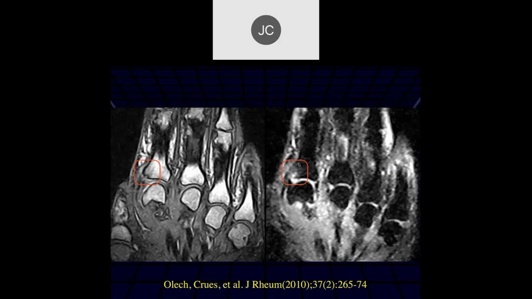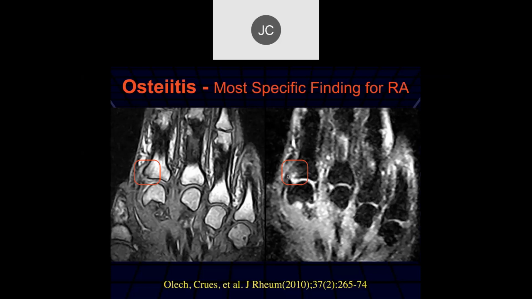Here again, we can see also gradient echo T1 to the left, erosion, but this is mostly osteitis with indistinct margins. Again, it's at the insertion site of the capsule, which is the typical location where these start.